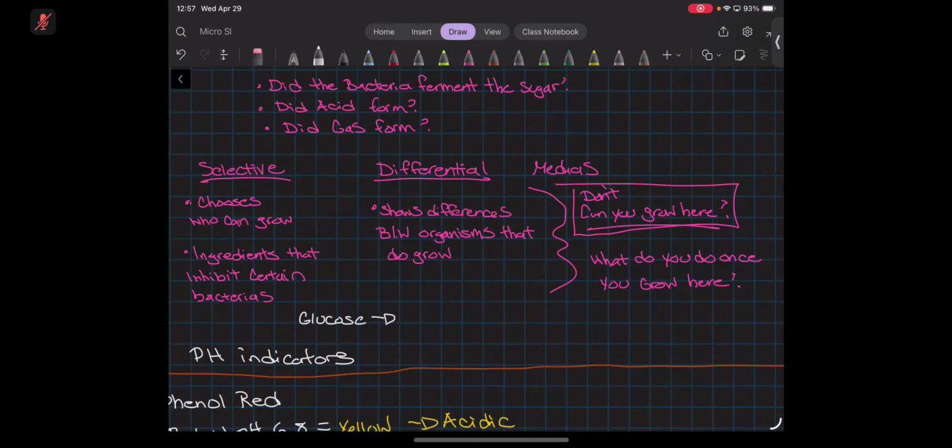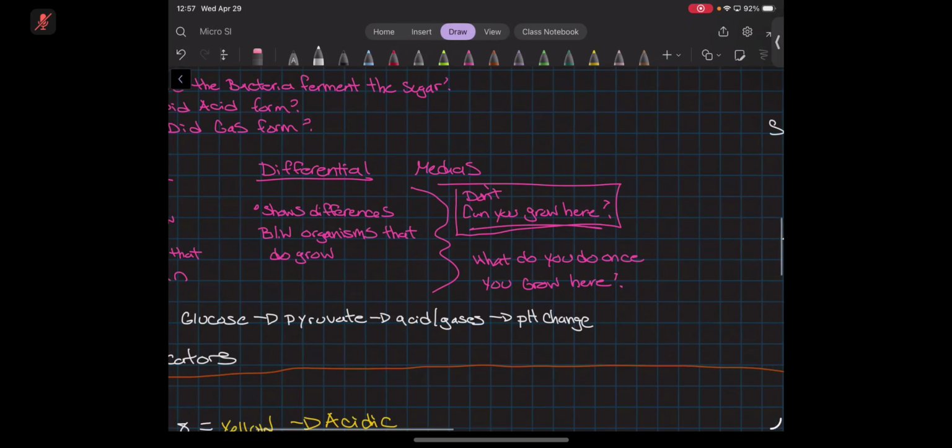It uses the pyruvate, which then becomes acid or gases, which causes the pH to change, which then causes the color change.